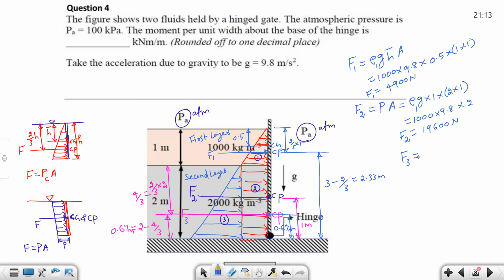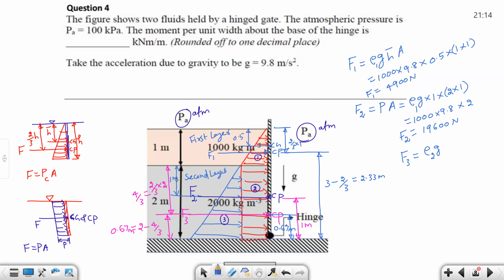F3 is calculated for the second layer. So second layer density, g, into the second layer centroid. The second layer centroid is this distance, 1 meter. 1 meter is the centroid.